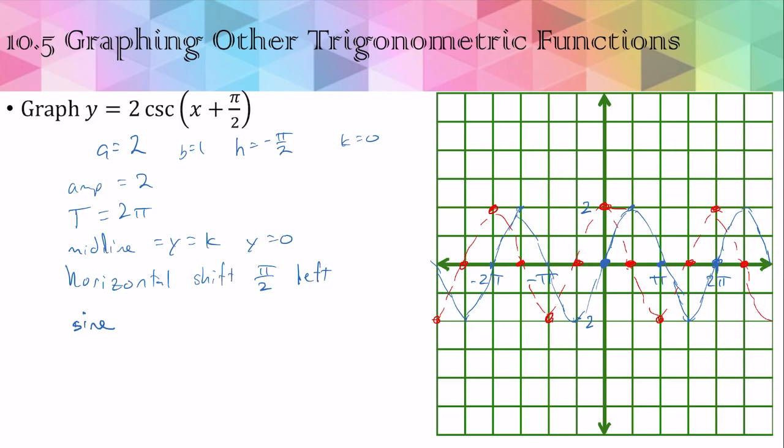All right, so now we're all shifted. The only thing we have left to do is put in the asymptotes, where the red one is touching the x-axis.